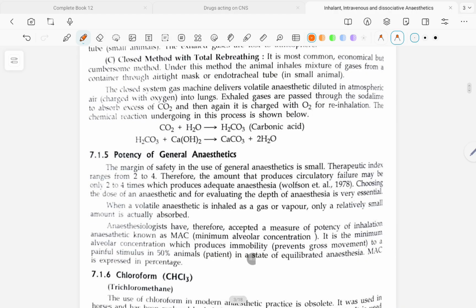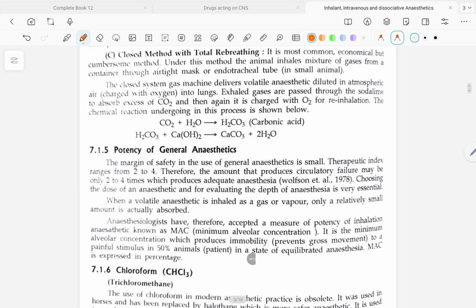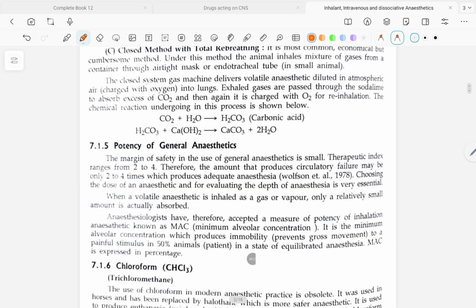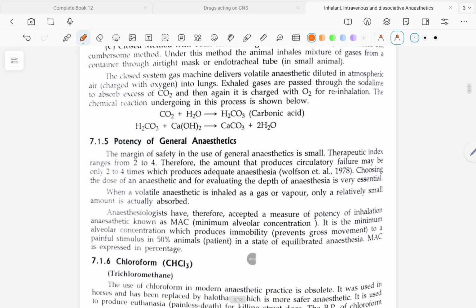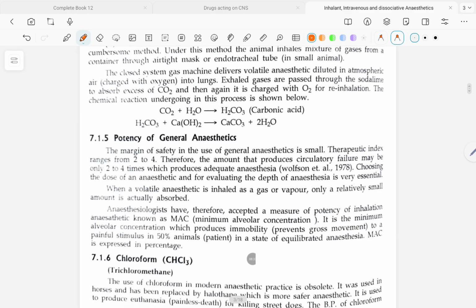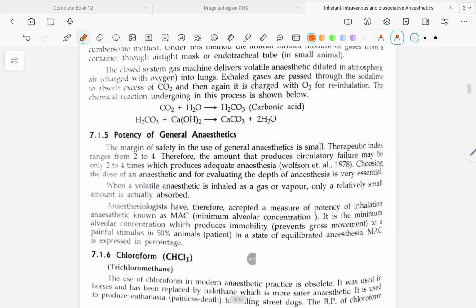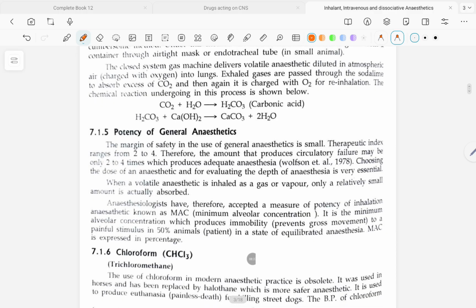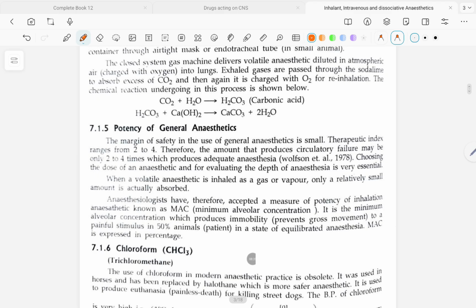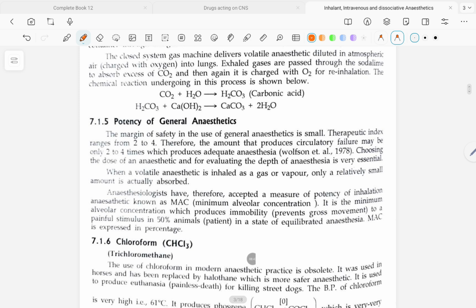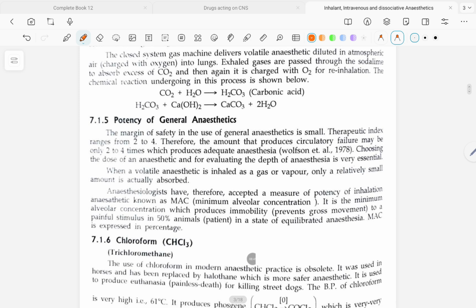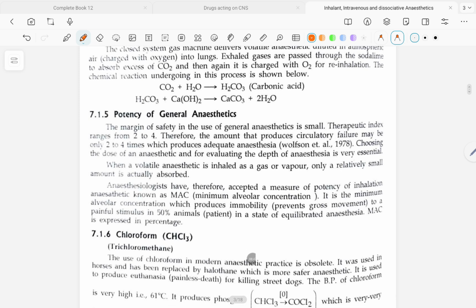The closed system gas machine delivers volatile anesthetic diluted in atmospheric air charged with oxygen into the lungs. Exhaled gases are passed through soda lime to absorb excess CO2 and again it is charged with O2 for re-inhalation. The chemical reaction undergoing in this process is shown below.